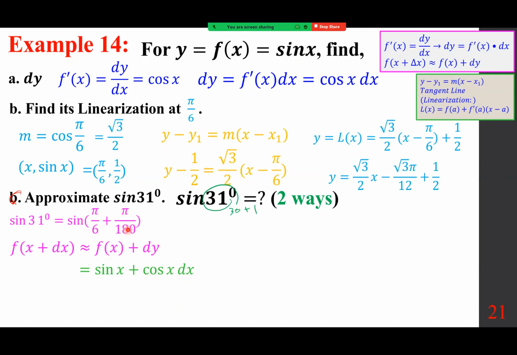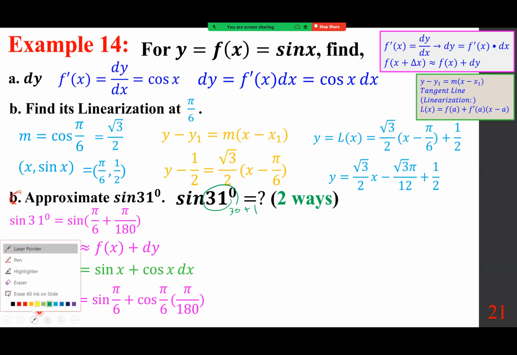This is your x. This is your dx. So sine of pi over 6, cosine of pi over 6, pi over 180. Of course, we know sine of pi over 6 is 1/2.